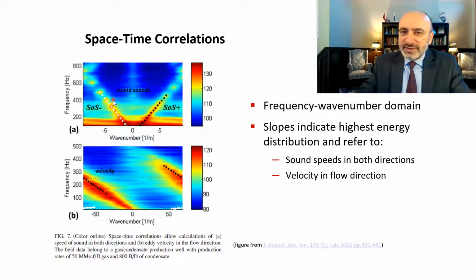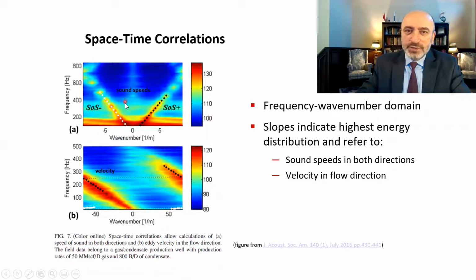It turns out that the highest energy of the flow, as depicted here by the red color and the yellow color, coincides with some inclined lines. And those inclined lines, their slopes, give us the sound speeds and the flow velocity.